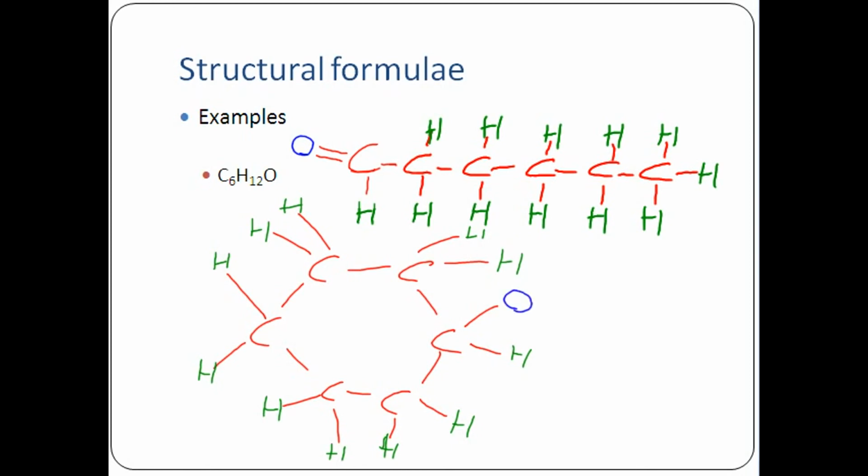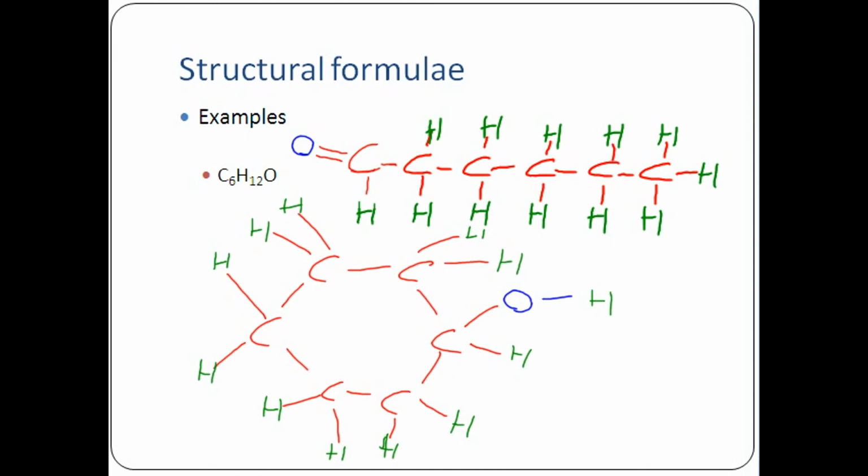If I do that, then that oxygen needs 1 more bond, right? Where's it going to go? Well, that 12th hydrogen here. So by the time I'm done, I have 6 carbons, each one with 4 bonds, 12 hydrogens, each one with 1 bond, and 1 oxygen, which has 2 bonds.